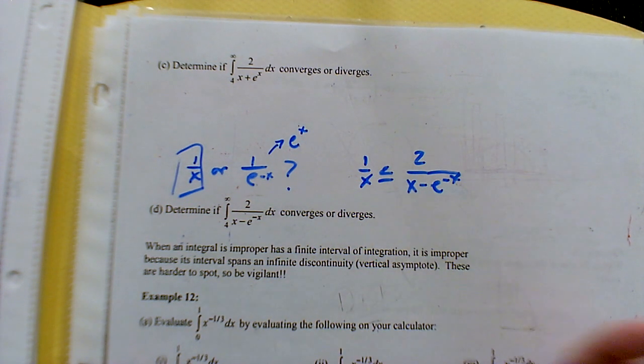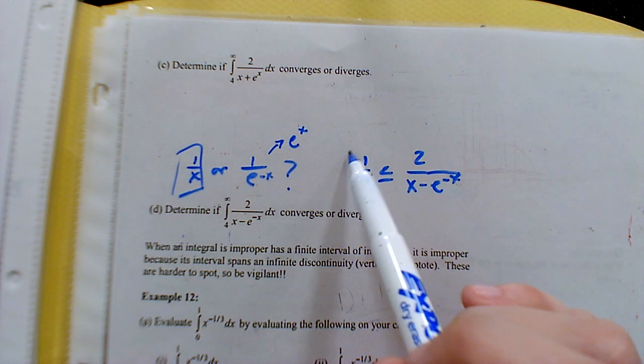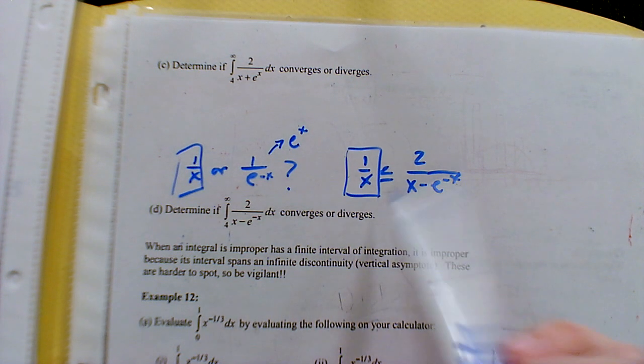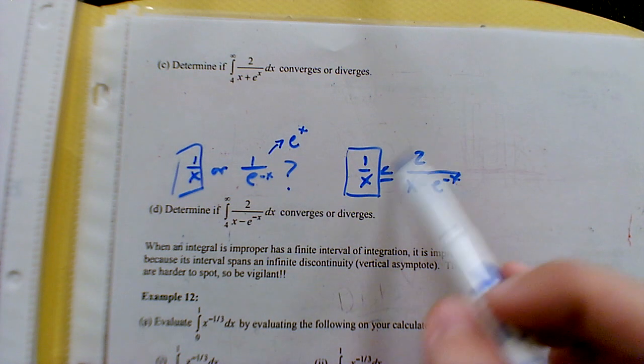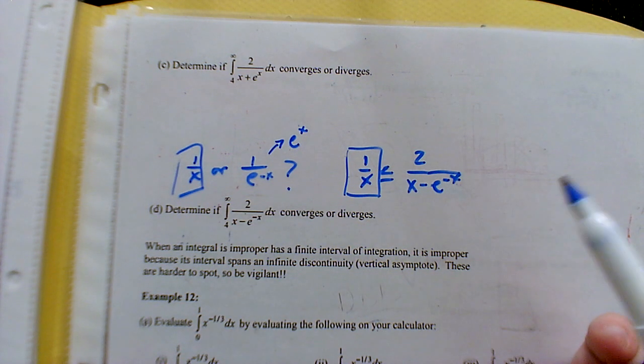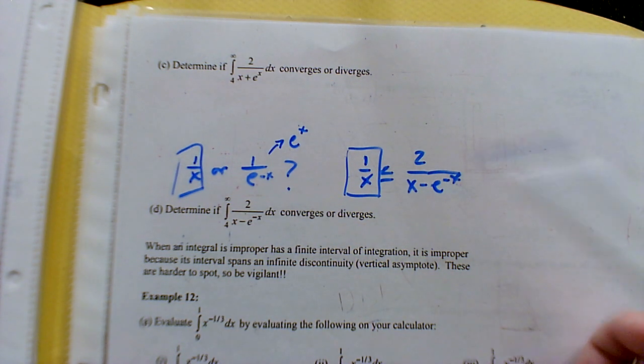So let's think about this. Can we determine what 1 over x does, and therefore, since we're comparing it, what the actual integral does? So what does 1 over x do if it's a p series?